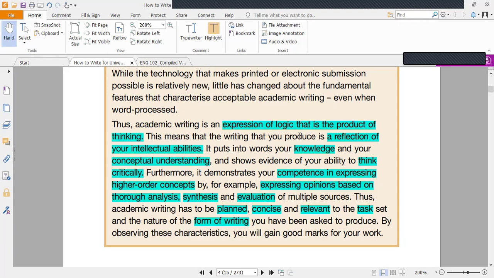Number two, academic writing is a reflection of your intellectual ability. Number three, academic writing is putting your knowledge into words. You know something and you write it down. Academic writing is putting your conceptual understanding into words.